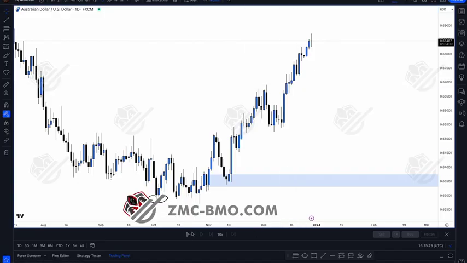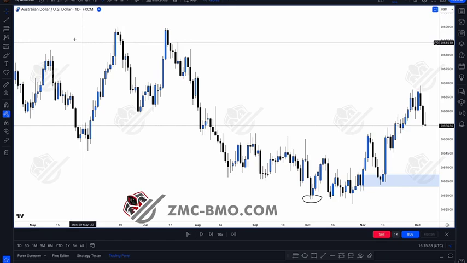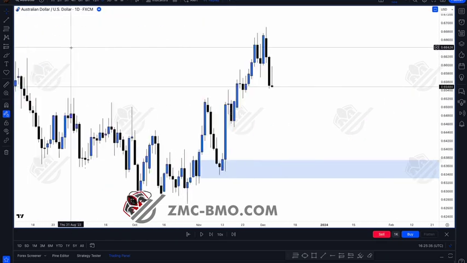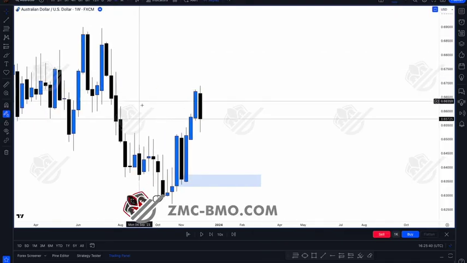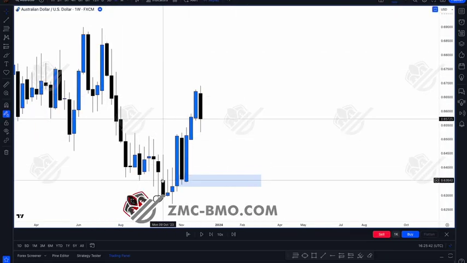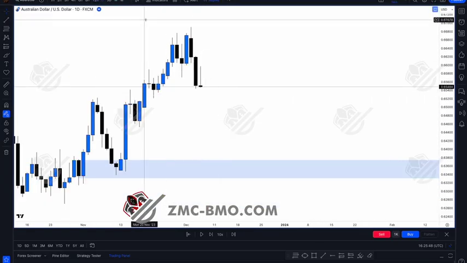So let me just go back to this one where we saw a pullback. I didn't get in again, a little bit annoyed, but we had some regions here for us to monitor. So number one, we have this massive weekly order block here. Obviously, we don't want to enter there because you're not going to get good risk to reward. So fine, we'll just adjust that.